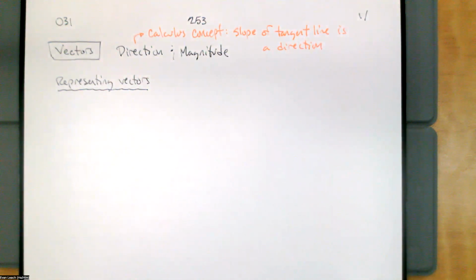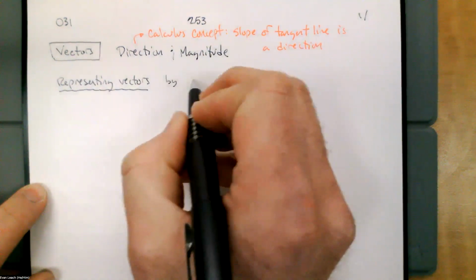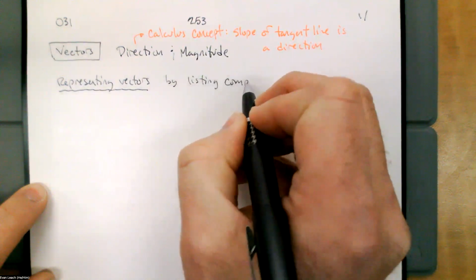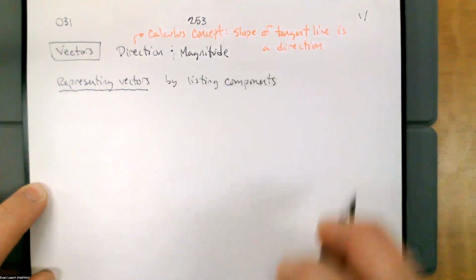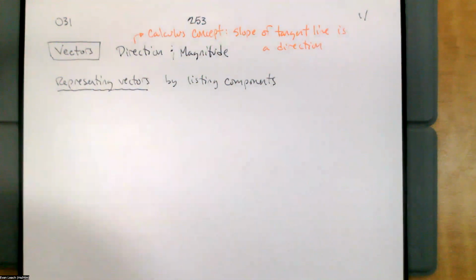We need to represent vectors by listing their components. We need one component for each dimension that we're in. Vectors in R2 need two components.